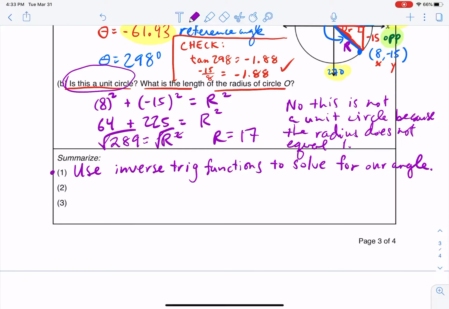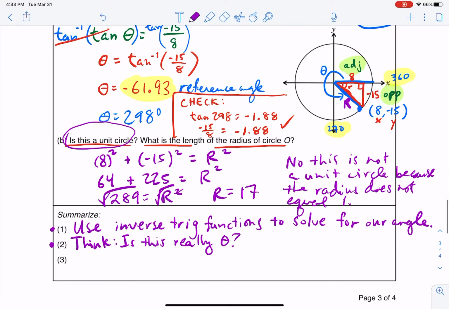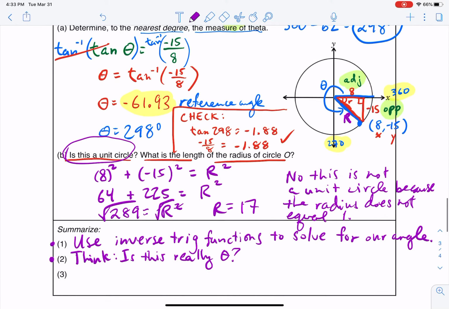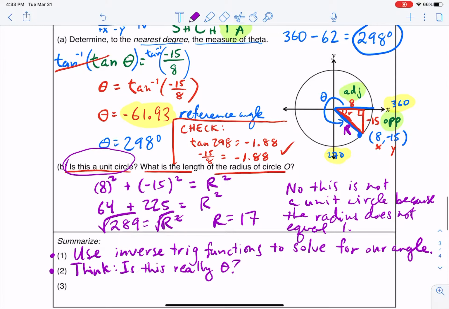Okay, the second thing we're going to want to do is stop and think. Is this really theta? Is this really the angle that we're given? So remember in the problem above, when we drew theta, before we even started the problem, we decided it has to be somewhere between 270 and 360.